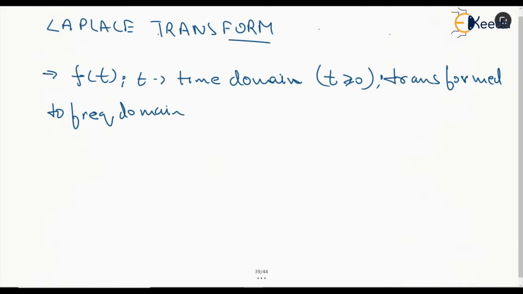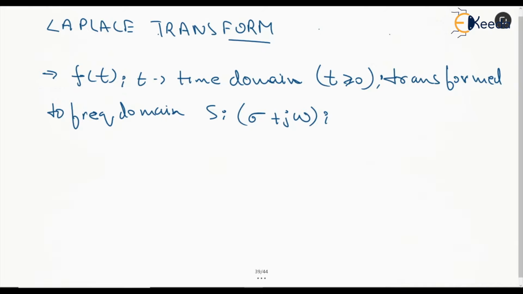That is S. So this S is going to be a complex number which is sigma plus, let's say, j omega, and if it is oscillatory, we will have sigma equal to 0 and we will have S equal to j omega. If required, we'll see that.